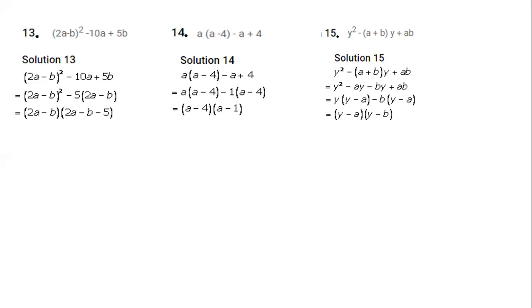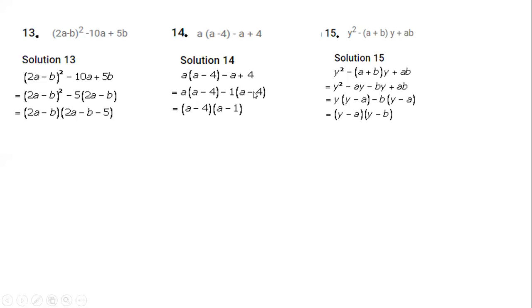Come to question number 14. A minus 4 minus a plus 4. See, a minus 4 is here, a and 4 is here, but signs are opposite. So take out negative common from these two. Take out negative common, then we'll get a minus 4 as it is, minus common, a minus 4.